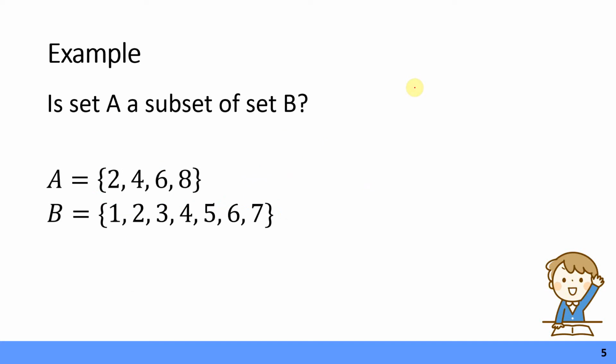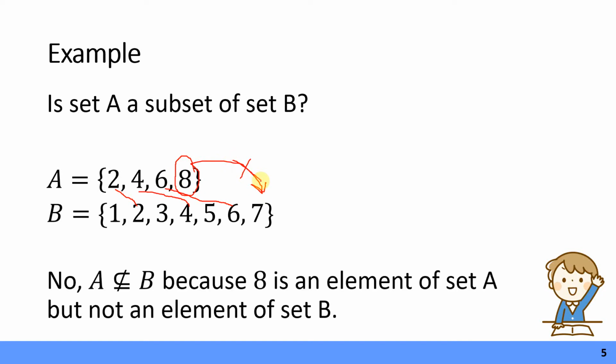All right, let's try this one. Same question: is set A a subset of set B? Set A has 2, 4, 6, 8, and set B has 1, 2, 3, 4, 5, 6, 7. What do you think? All we have to do is check. 2 is there, 4 is there, 6 is there, but there is an element in A that is not an element of B. I'm pretty sure you already answered the question.